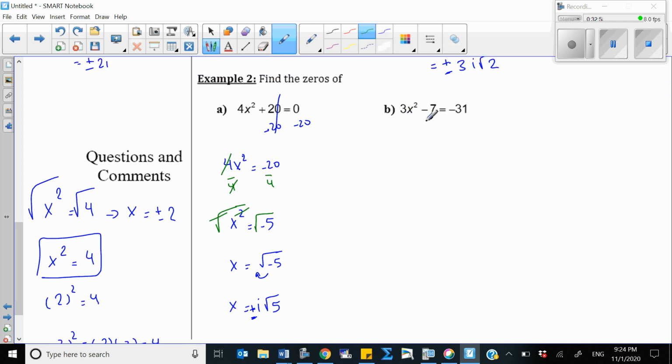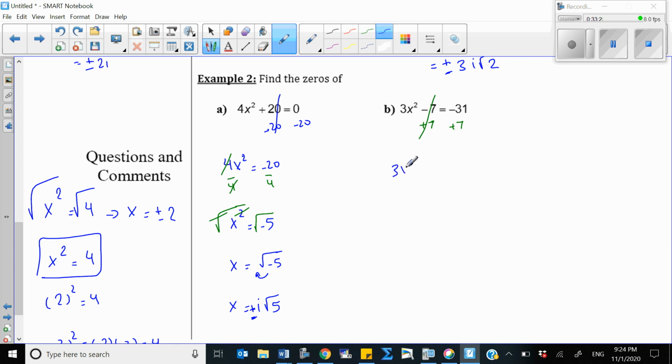3x squared minus 7 equal to negative 31. Once again, because we don't have an x term here, we only have x squared and the constant term, we don't use the quadratic formula. We're just going to solve by putting x on one side by itself. So I'm going to add 7 to both sides.